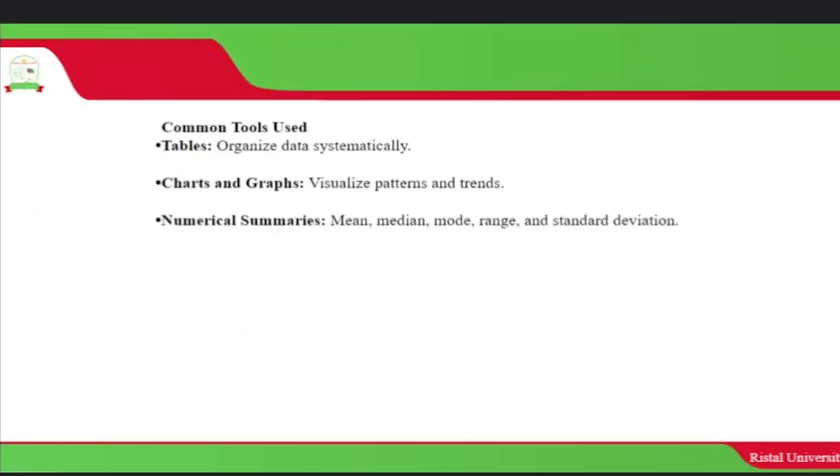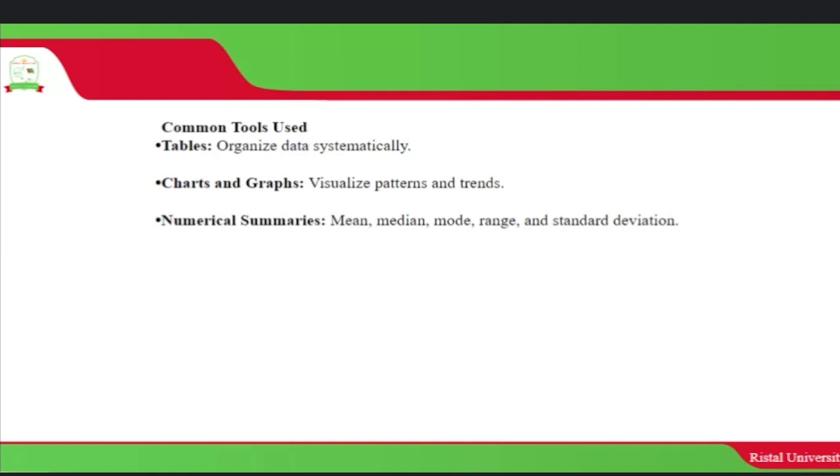So what are the common tools used in descriptive statistics? We have tables that usually give the summary measures within that data, and they are mainly meant to organize the data systematically.